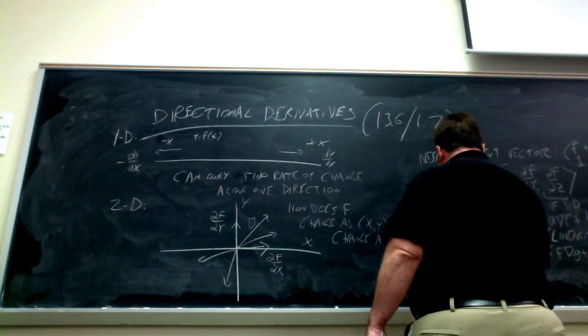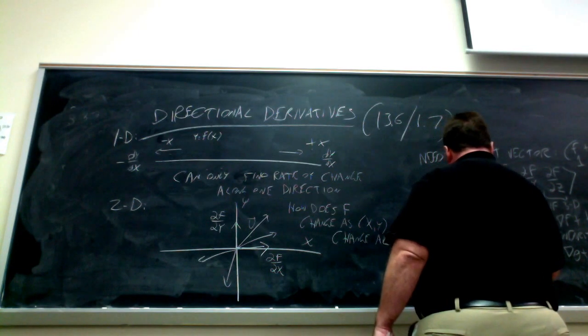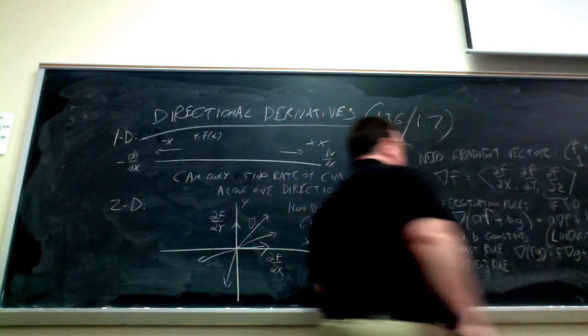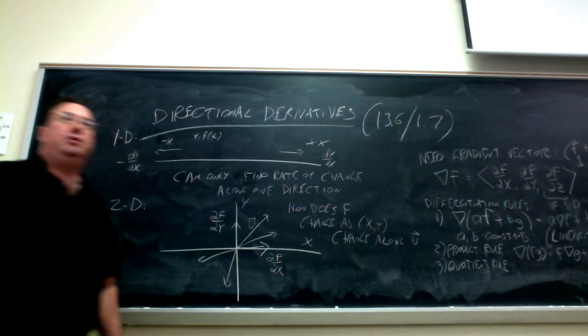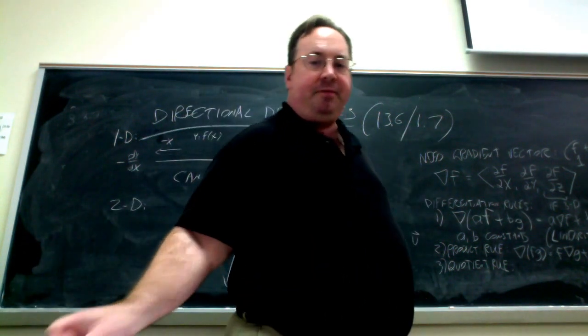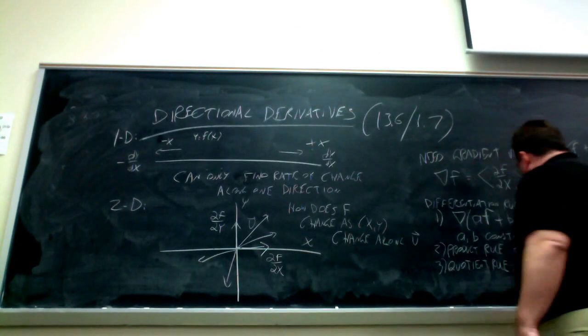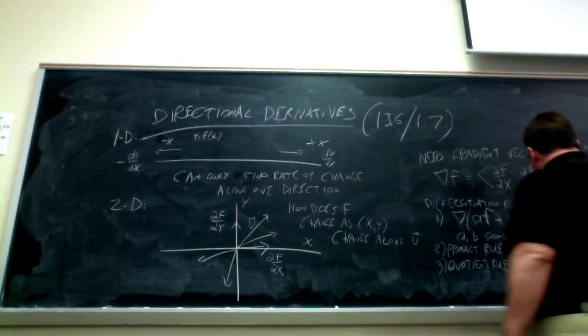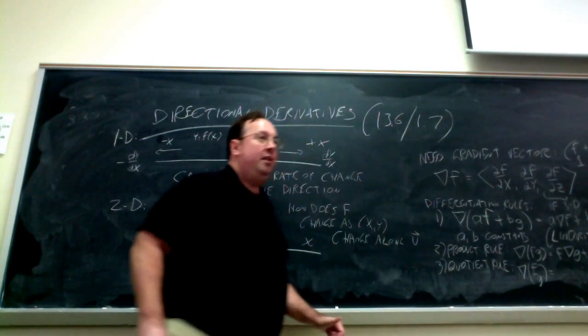We also have the quotient rule. So those of you who remember the ordinary quotient rule for derivatives, what do you think the quotient rule should be for gradients?